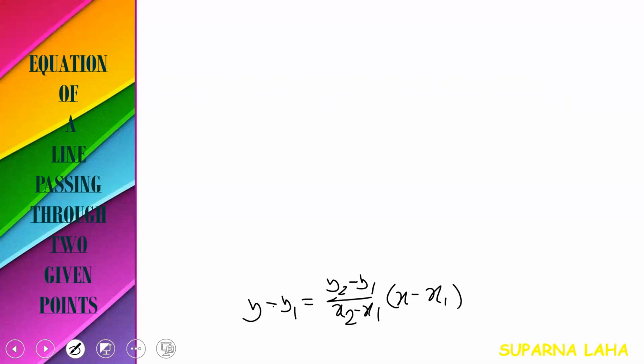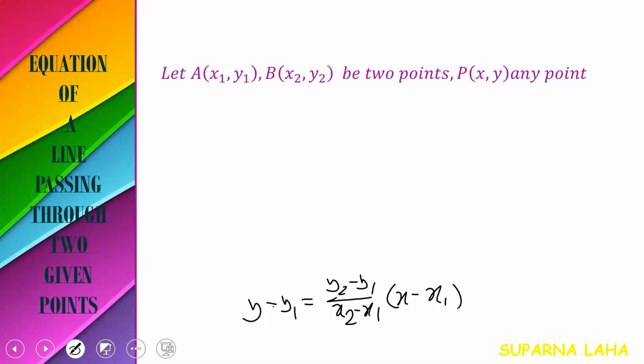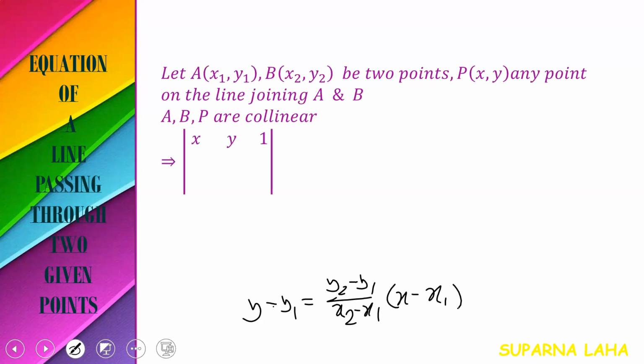So let us represent this form with the help of a determinant. Similarly, take these 2 points x1, y1 and x2, y2, and take another point P, the general point, any point on the line AB. So A, B, P are collinear. Since we are finding the equation of the line, they have to be collinear. If they are collinear, this determinant should be 0: x, y, 1, x1, y1, 1, x2, y2, 1.